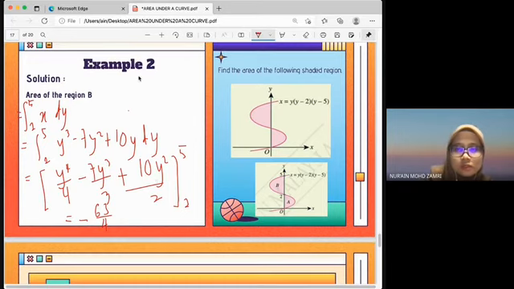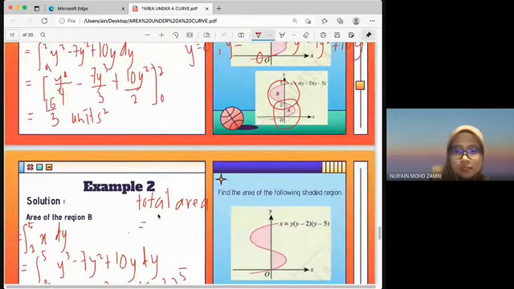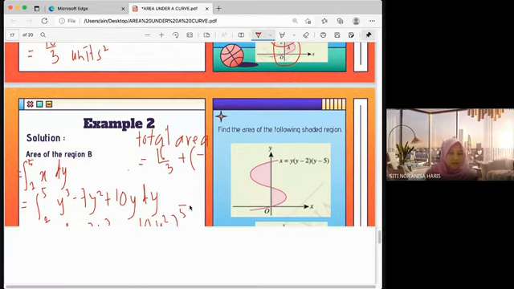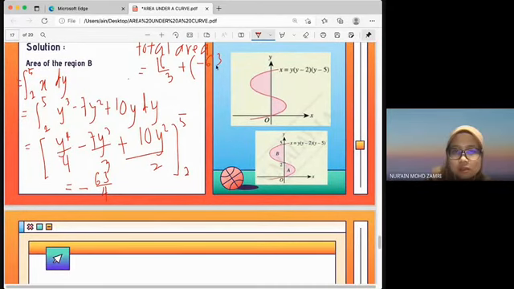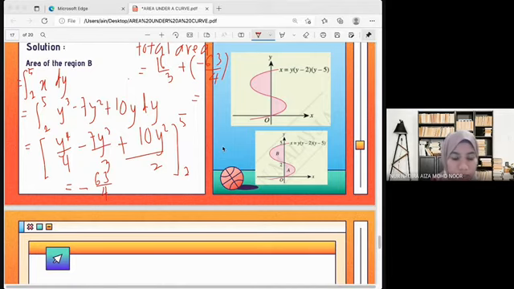Okay, so the total area of the shaded region, can you calculate, students? 16 over 3 plus negative 63 over 4. What you will get, students? Teacher, do we need to include the negative sign?